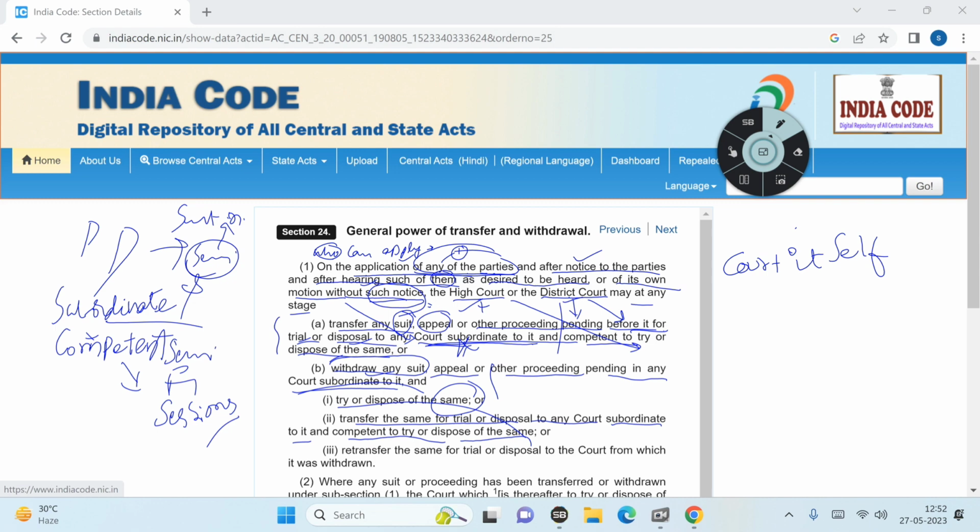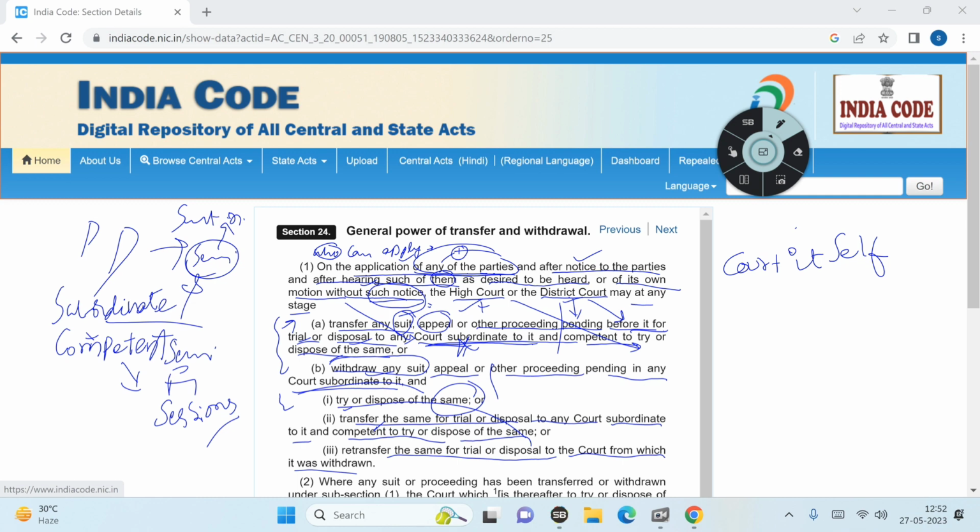Situation A is different. Situation B is different. So after withdrawing, try itself. After withdrawing, transfer the same. After withdrawing, retransfer the same for trial to the court from which it was withdrawn.